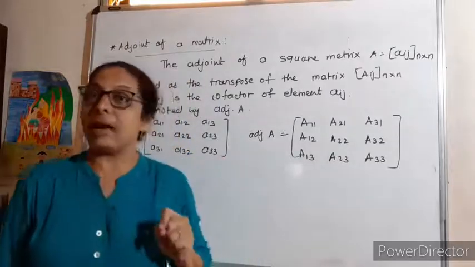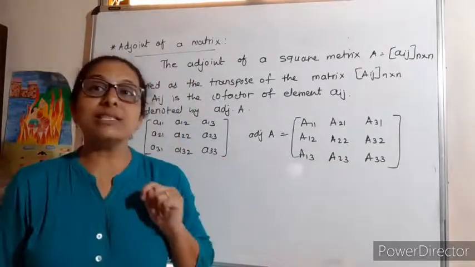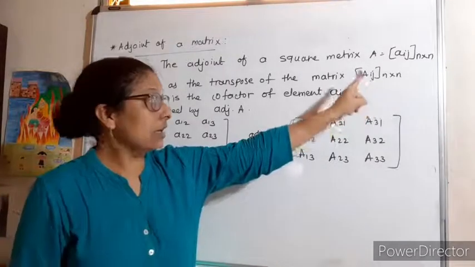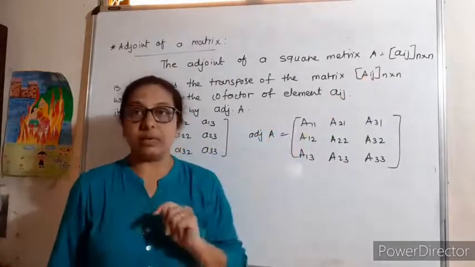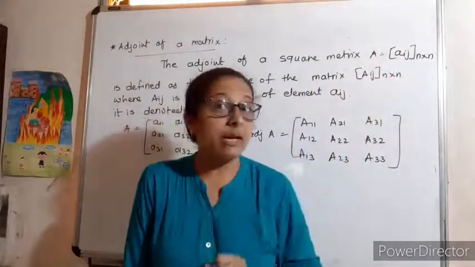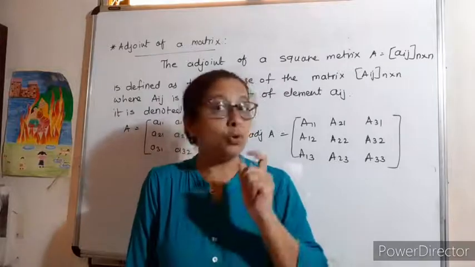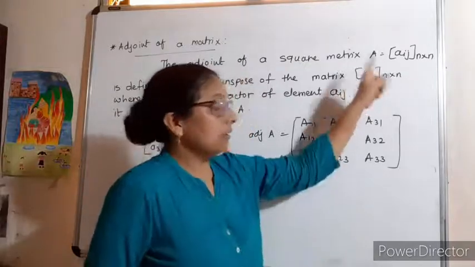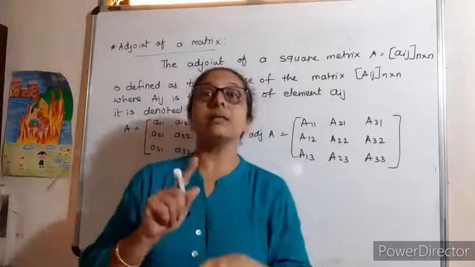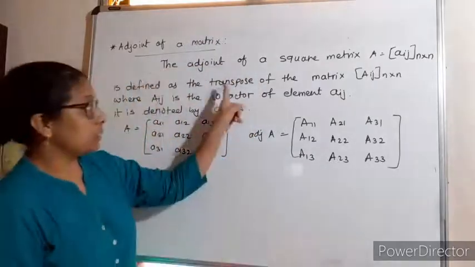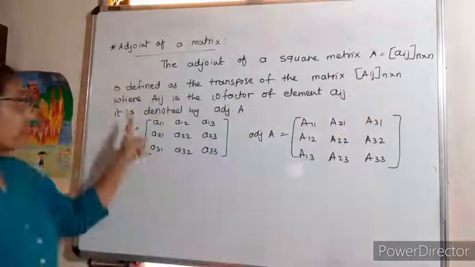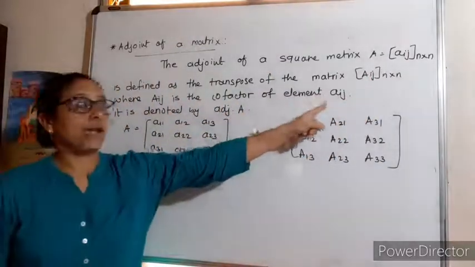Mij is the minor and capital Aij is the cofactor. My dear students, you know that, right? So whenever this matrix is given, for each and every element we will find the cofactor, and the matrix formed by the cofactors, we take its transpose. The adjoint is the transpose of the matrix of cofactors. Aij is the cofactor of the element.